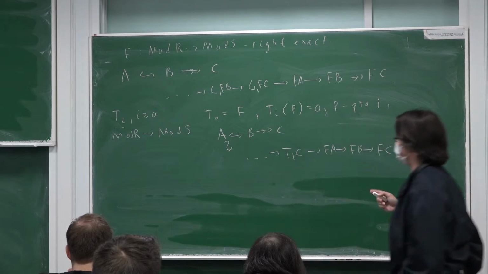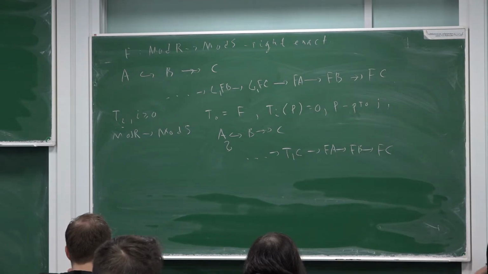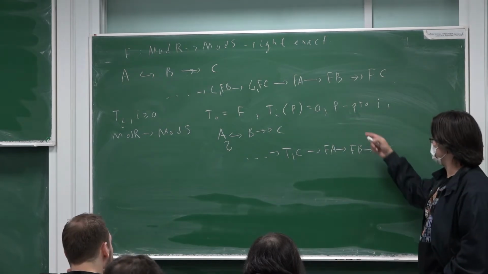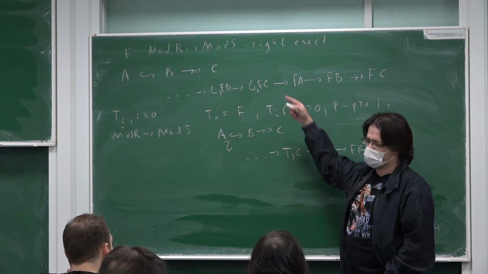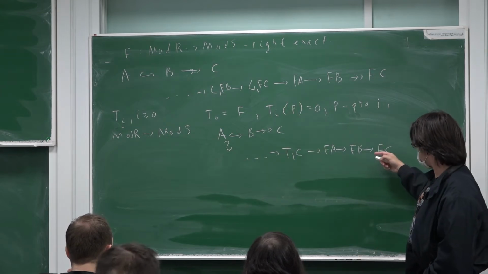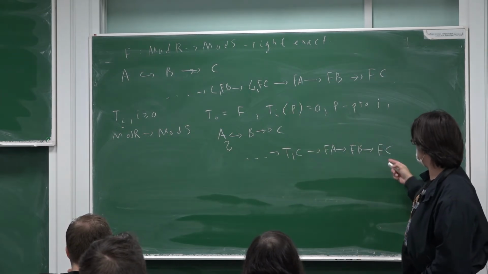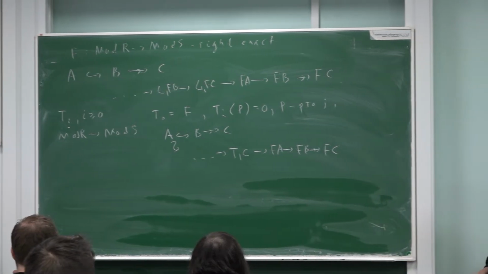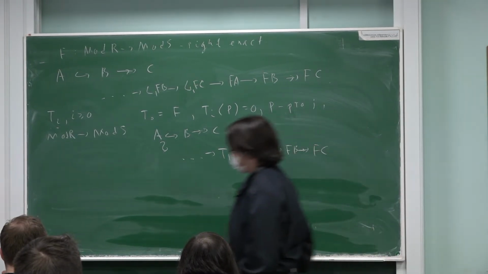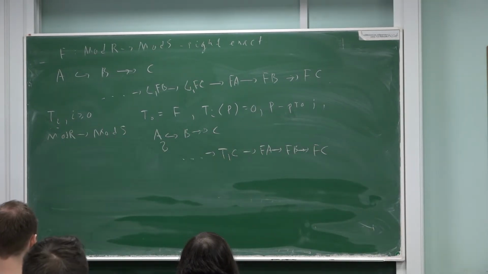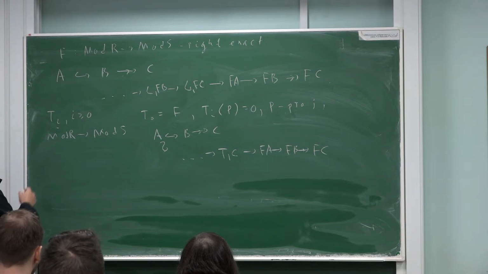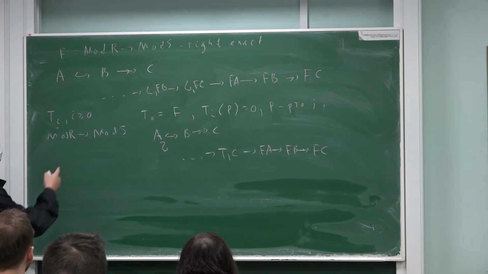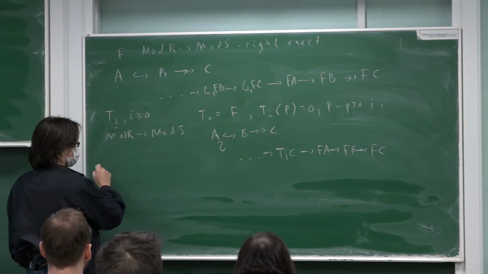And this construction is functorial in the sense that if we have two exact sequences and a morphism between them, then we get a morphism between the long exact sequences. Then the functors Ti coincide with the left-derived functors of F.